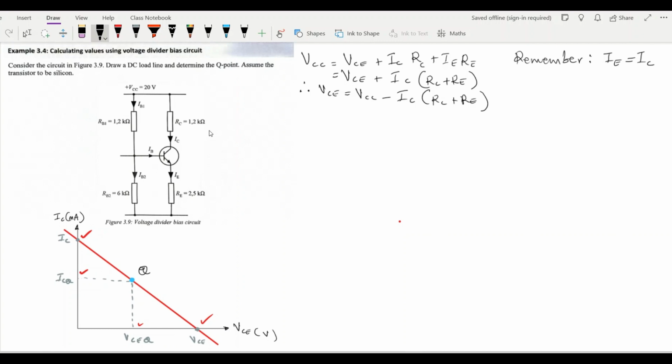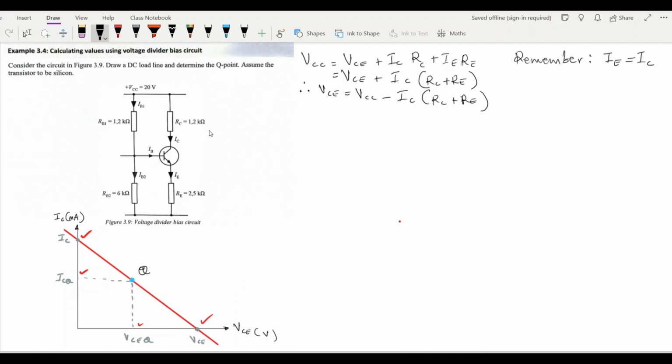For our DC load line, it's like a straight line graph, cutting through the y-axis and the x-axis. What do we know about the coordinates for the x-intercept? We know that for the x-intercept, y will be equal to 0, whilst the value of x is maintained.